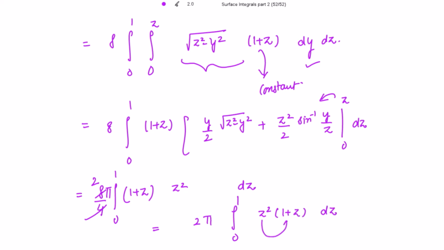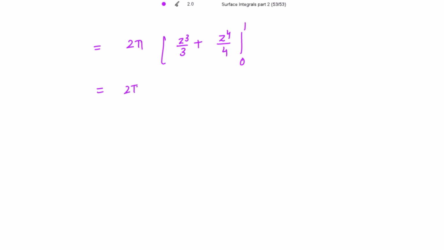Let's multiply this z² inside and we get z² plus z³ as the integrand. Now integrating this with respect to z, the first term, integrating z² with respect to z, we get z³ divided by 3, plus integrating z³ with respect to z, we get z to the power 4 divided by 4. And this is 2 pi.